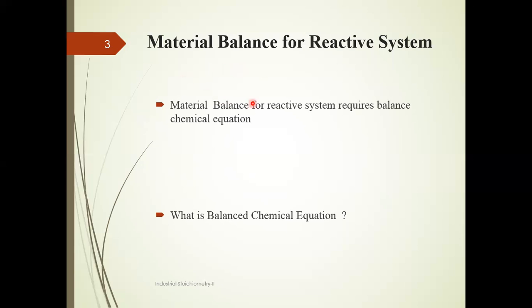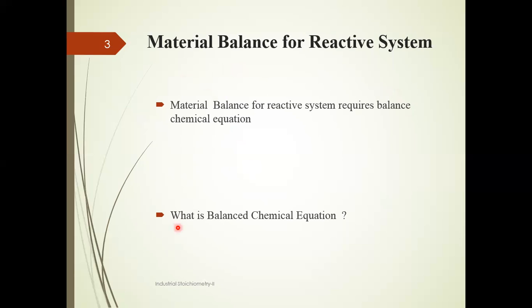So material balance for reactive system requires the balanced chemical equation, which is the first fundamental thing. When you start the material balance, your stoichiometric equation must be balanced. Otherwise, you cannot start material balance.